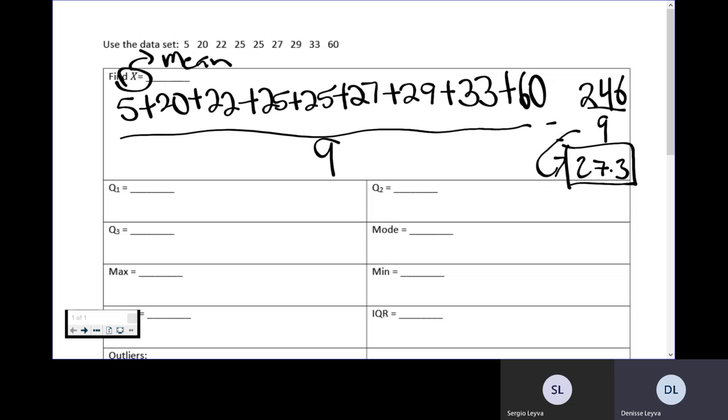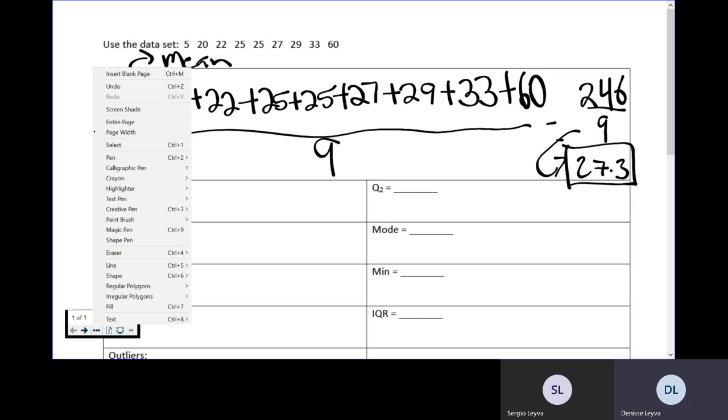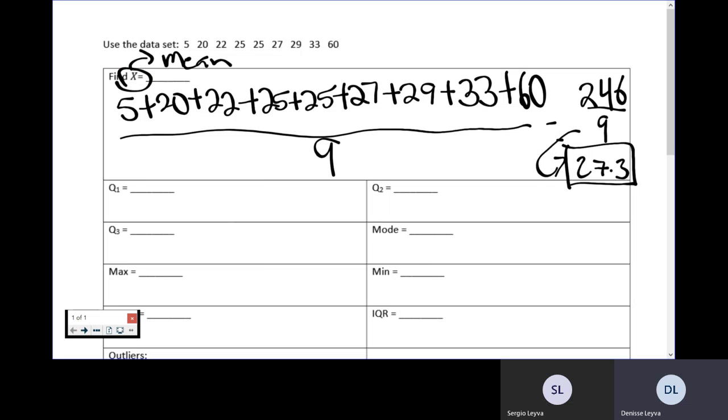To find Q1, Q2, and Q3, I would personally do Q2 first because that gives you the number in the middle, and that's going to be so much easier when you need to find Q1 or Q3. To find the number in the middle, you first have to check that you have everything in order from smallest to greatest. If you look here, yes, all the numbers are in order from small to big.